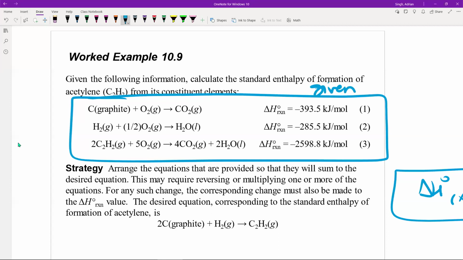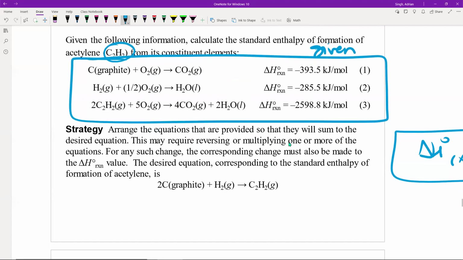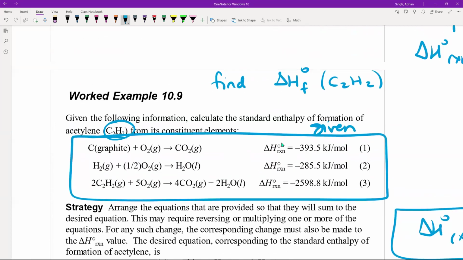And what we need to calculate is the standard enthalpy of formation for acetylene, which is C2H2. Okay, and if you try to look this up on your table in your appendix, you're not going to find it, right? So it's not like I can just go look it up in the back of the book. No, it's not in the table. We need to calculate it.